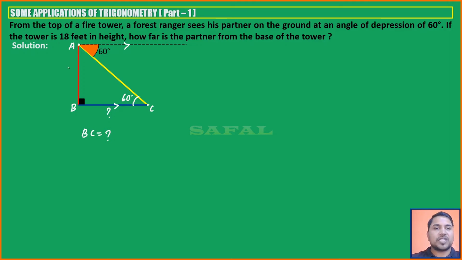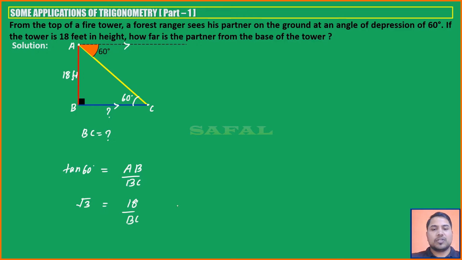Now the height of the tower is known to us, that is 18 feet. So we need to find BC. So again I can apply tan 60 degrees equals AB by BC. Now tan 60 degrees, you know that it is root 3, correct? Now AB is given to us as 18, BC is not known.